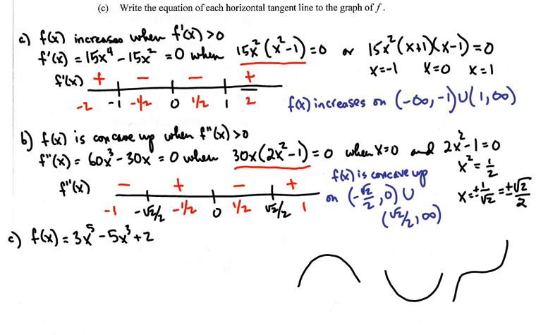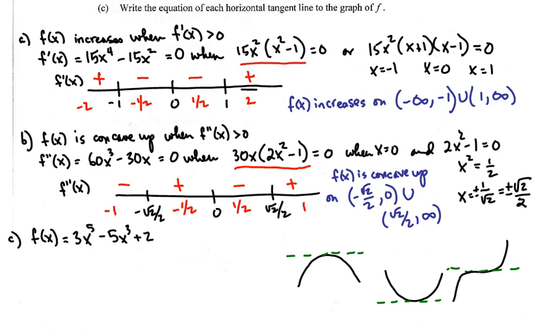Now, what we're looking for, though, is just the equation of each horizontal tangent line. And one thing that you should note about each of these horizontal tangent lines is that they are all horizontal lines. And so they all will have a slope of 0, and so the equation of the line will just be y equals whatever the y coordinate of the original function is at that particular point.